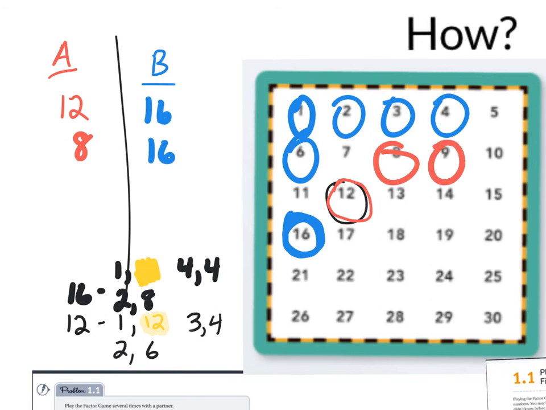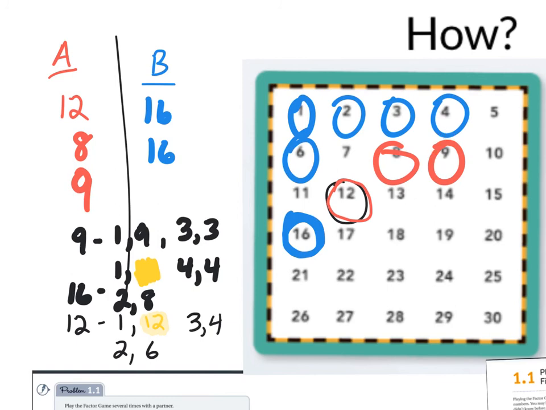Let's say person A chooses 9. Okay, so factors of 9 are 1 and 9, and then 3 and 3. Well, let's look up here. 1's taken, 9's taken, and 3 is taken.